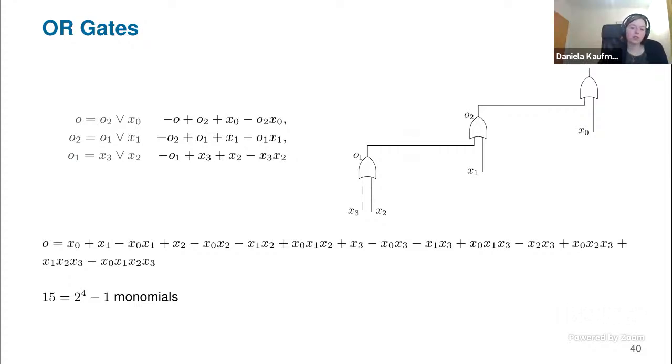Yeah, so here it could definitely work that for these OR gates, if we choose variables for the negation, then I think this should be representable with only one monomial.